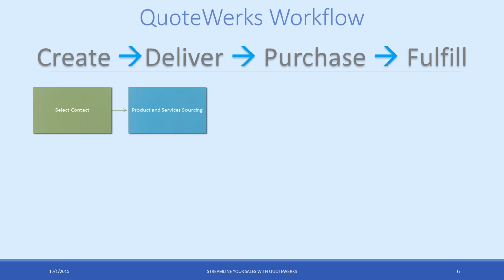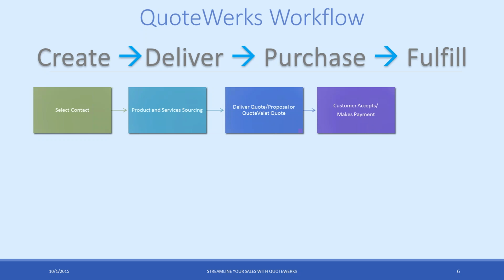Once you have your contact, you're going to just start building your document. So you start selecting your products and your services that you're offering and start pulling them into your document in QuoteWerks. The next is the delivery of the quote. So this is where you're actually going to send the document off to the client so they can review it. If they're ready to move forward, then they'll be able to actually accept and make payment on the document. Once that's done, we're actually going to update the opportunity as well.